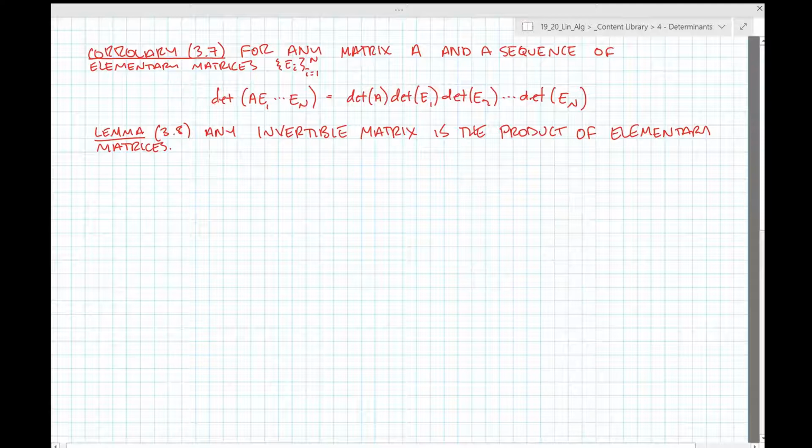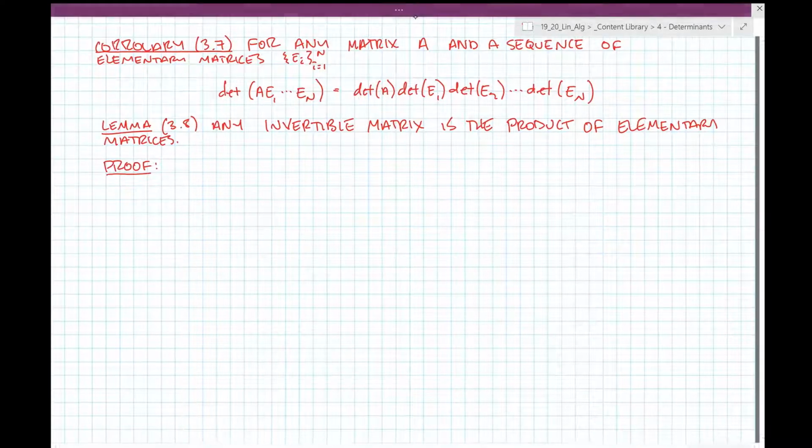This is pretty big. I think we may have even said this before and proved it, but we actually have a neat way of proving it now that we'll use.